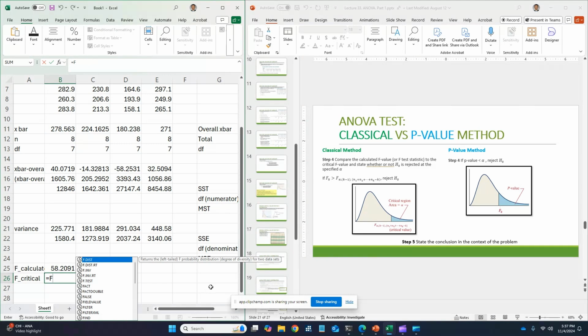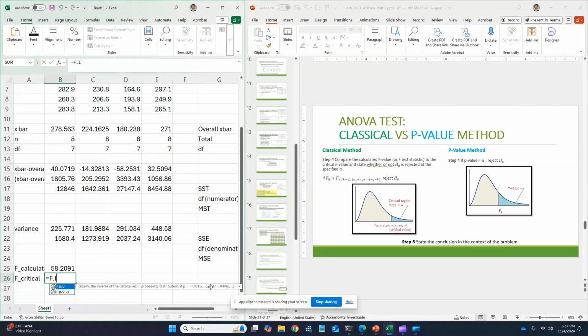F. This time we have the probability 0.05, the blue area is 0.05. We want to find the score, the critical F, which is on the x-axis. So I'm typing F inverse, because we have the probability, we want to go back to the score.